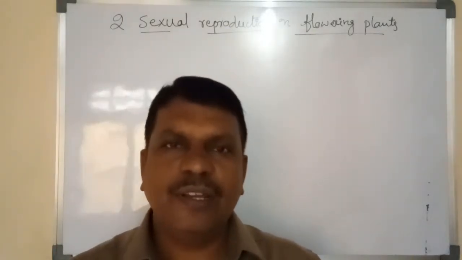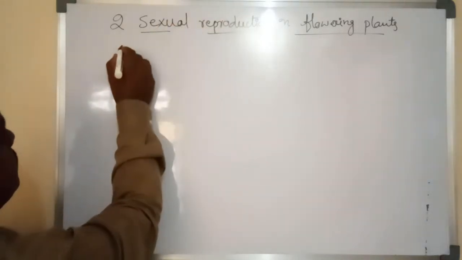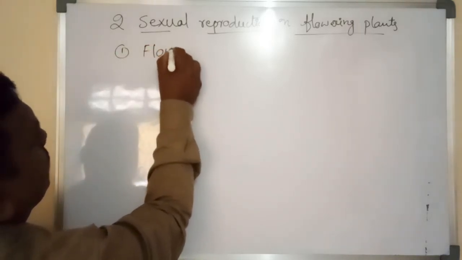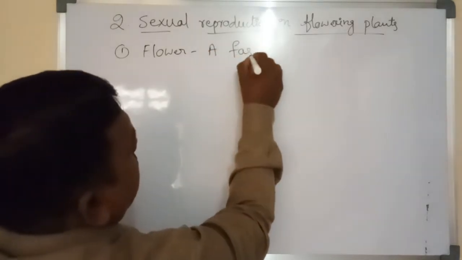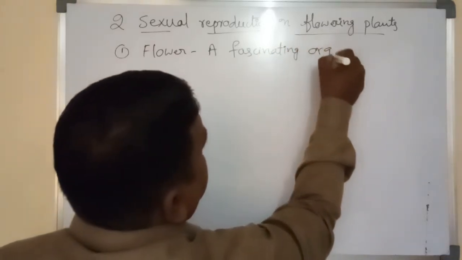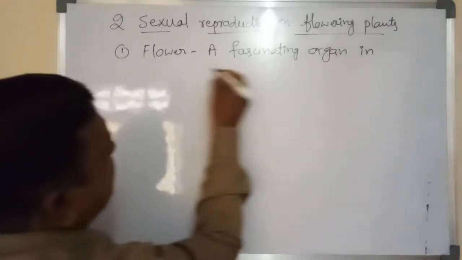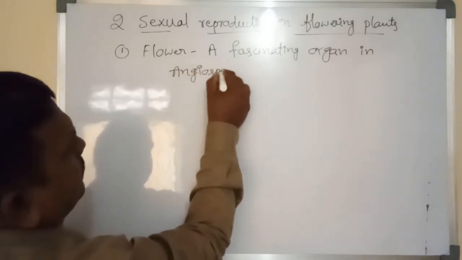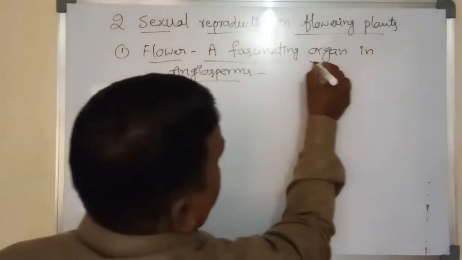Sexual reproduction in flowering plants. The first topic is flower. Flower, a fascinating organ in angiosperms.